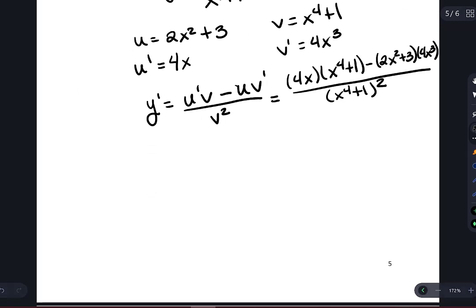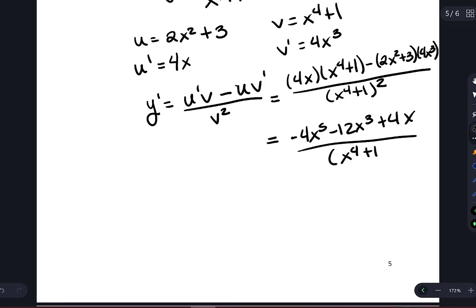And again, we could go through and simplify. If we simplify the numerator, we end up with minus 4x to the fifth minus 12x cubed plus 4x, all divided by x to the fourth plus 1 squared.